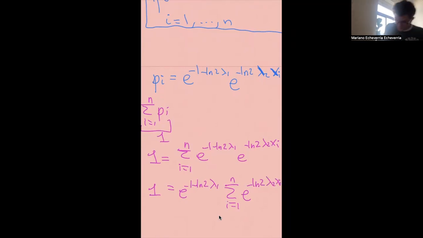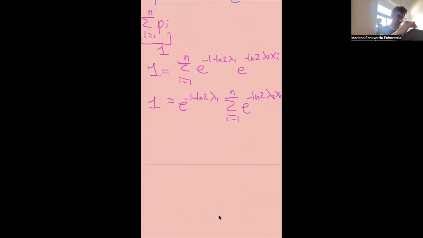And that gives you, as ugly as that looks, a formula for lambda 1 implicitly, because then you can say that e to the minus 1 minus ln 2 lambda 1 is 1 over this chunk.